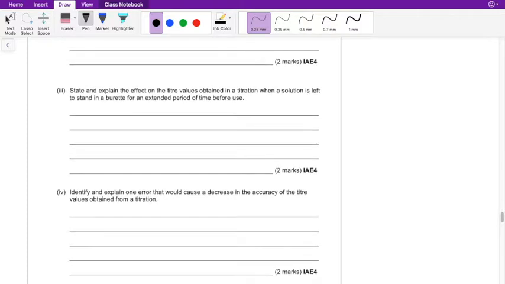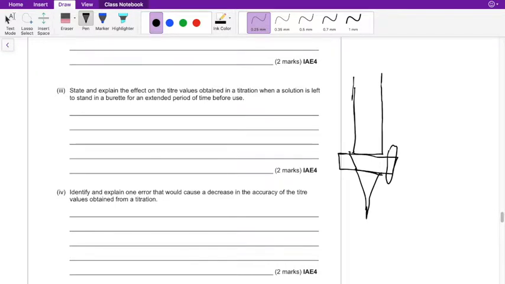Cool. State and explain the effect on the titer values obtained in the titration when a solution is left to stand in a burette for an extended period of time. I'll just explain this to you, I won't write it out. If we've got a burette, my badly drawn burette, we've got solution in it.